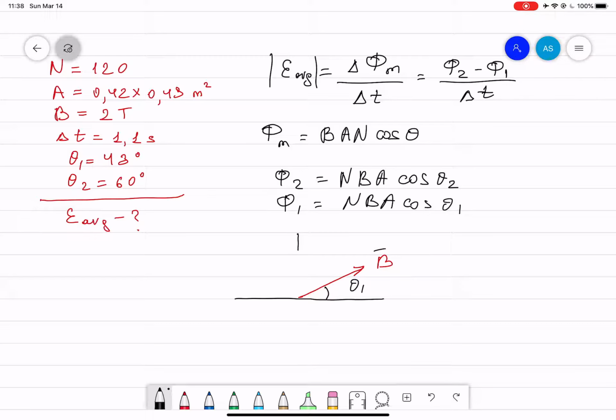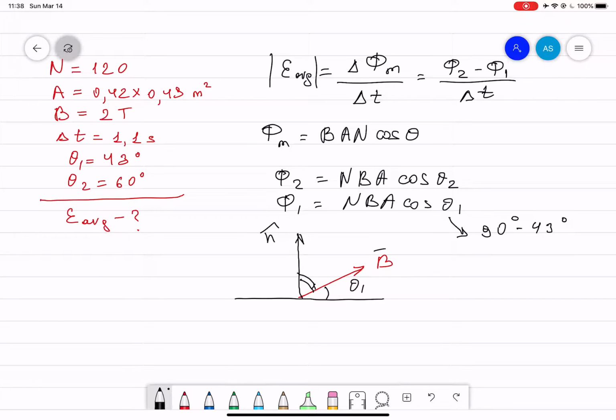This is our area vector, I call it n vector. That means you have to take the angle between B and the area vector n. So this theta 1 has to be equal to 90 degrees minus this theta 1, which is 43 degrees.